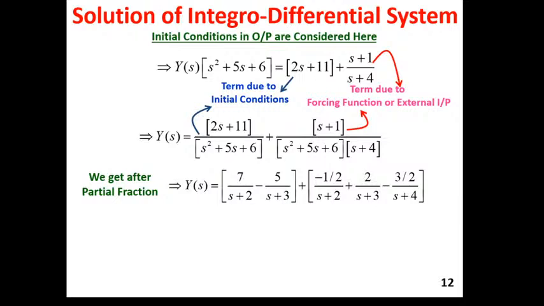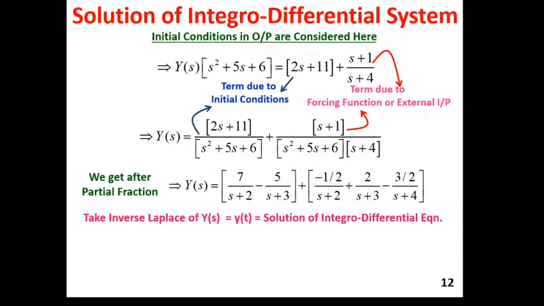To do the inverse Laplace transform, we have to do the partial fraction first. So whatever two terms we have got for Y(s), 2s plus 11 by denominator plus s plus 1 by denominator, these two terms we have to first split into partial fractions.